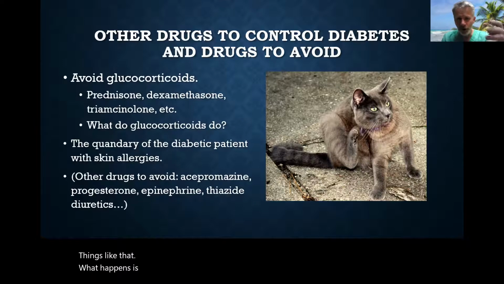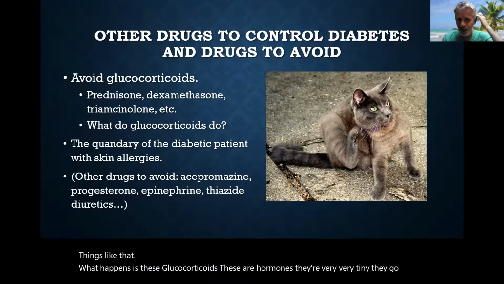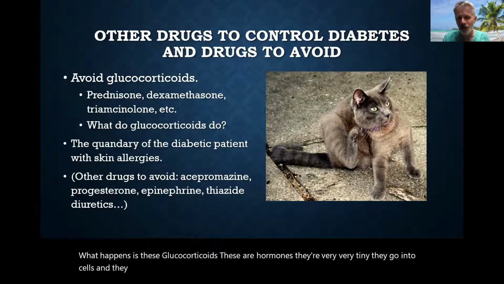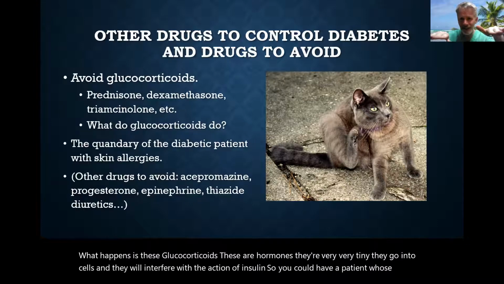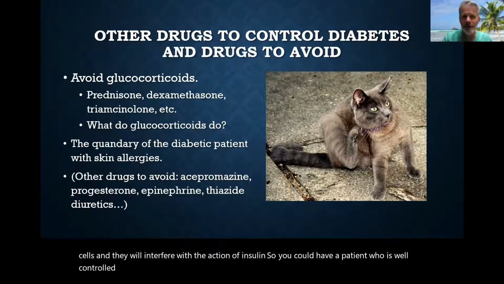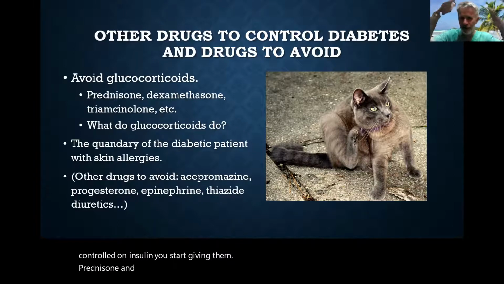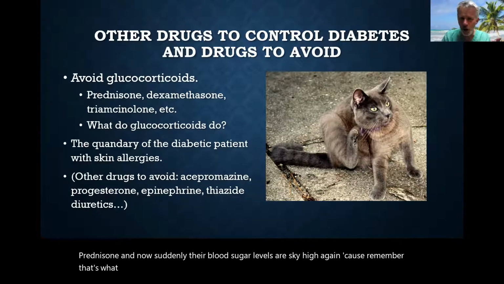What happens is these glucocorticoids, these are hormones. They're very, very tiny. They go into cells and they will interfere with the action of insulin. So you could have a patient who's well controlled on insulin and you start giving them prednisone, and now suddenly their blood sugar levels are sky high again. Because remember, that's what glucocorticoids do. They help release glucose.